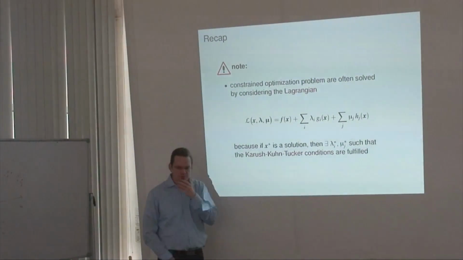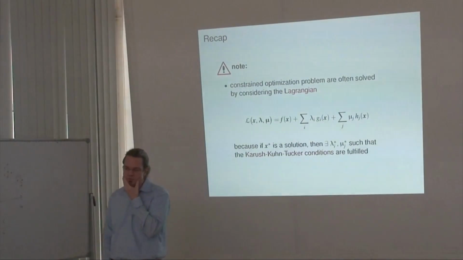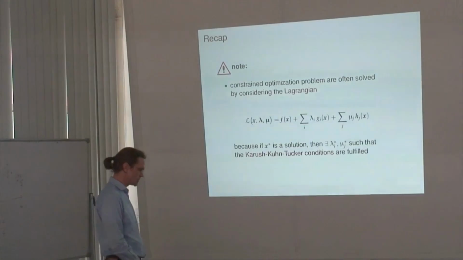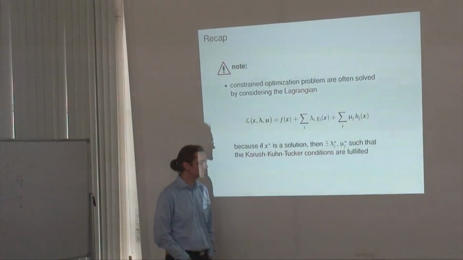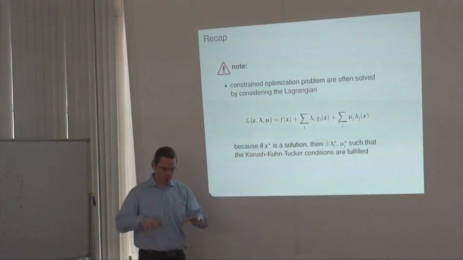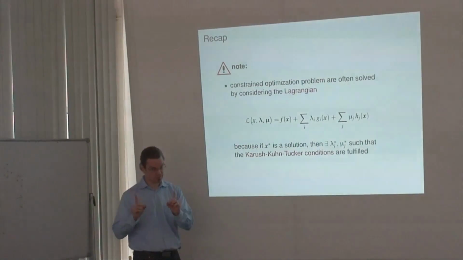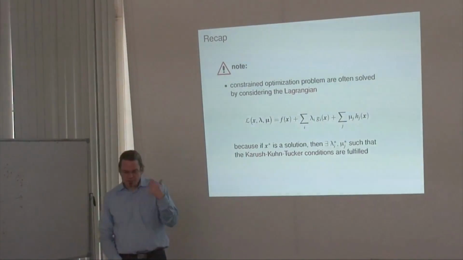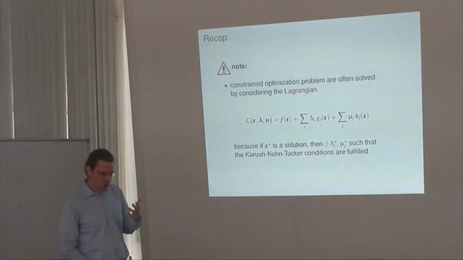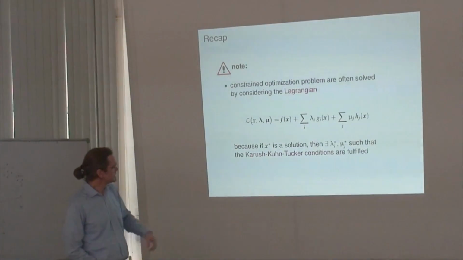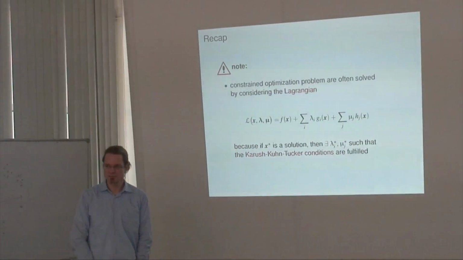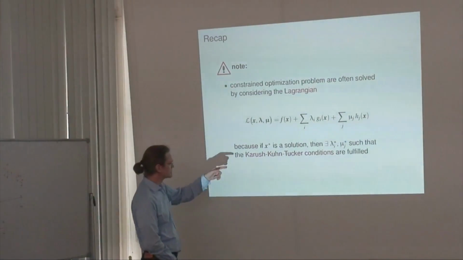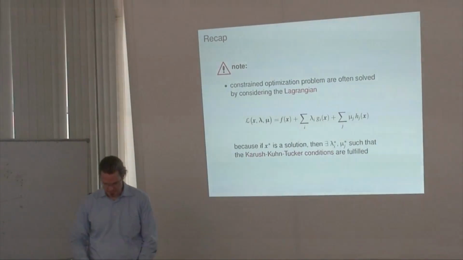And what is interesting about this Lagrangian, or the reason for why we look at this Lagrangian when we do constraint optimization problems, I should say, is that we can rigorously prove, and I didn't do it, but we could if we wanted to, that if x star was a solution to our problem, then there exist Lagrange multipliers lambda i star and mu j star such that the Karush-Kuhn-Tucker conditions are fulfilled.